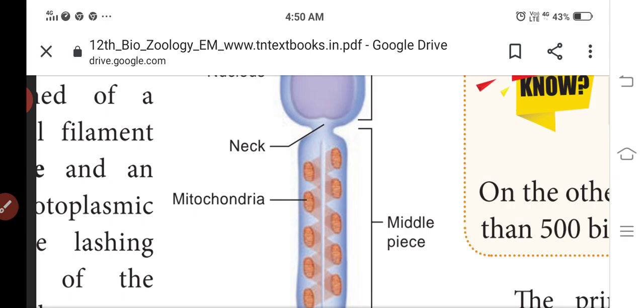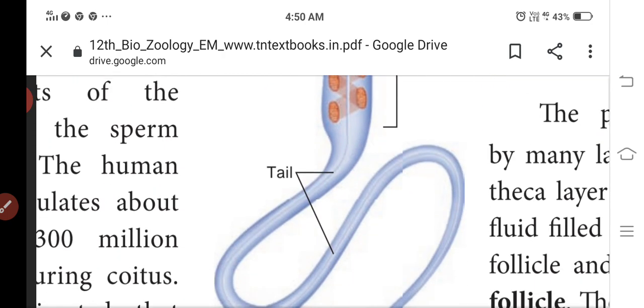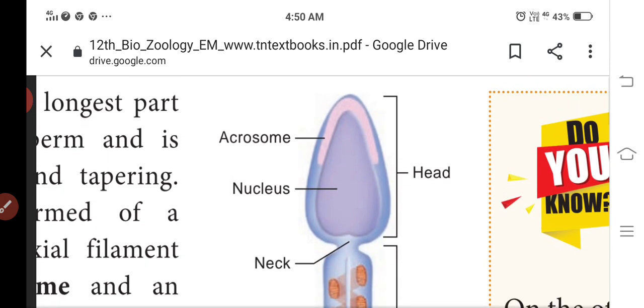The human sperm consists of a head, middle piece and tail. It is a microscopic, motile, flagellated gamete.